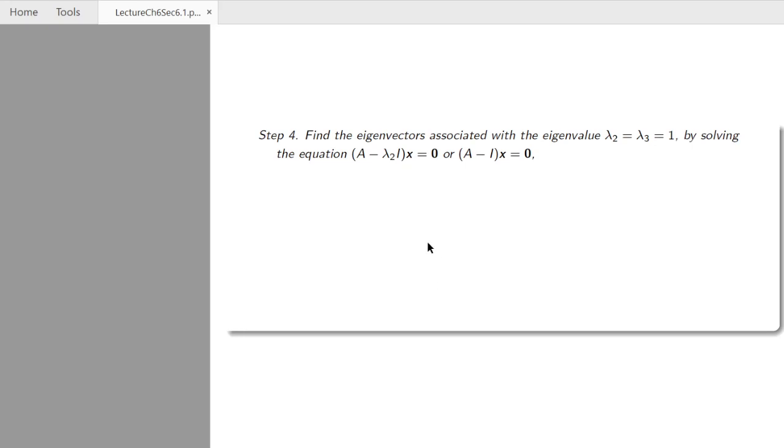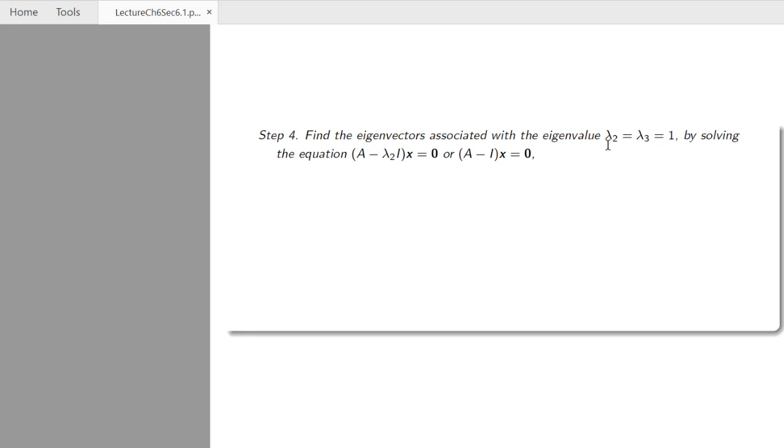Step 4. Let's find the eigenvectors associated with the eigenvalue lambda 2 and lambda 3. Recall, lambda 2 and lambda 3 are equivalent, both equal 1.